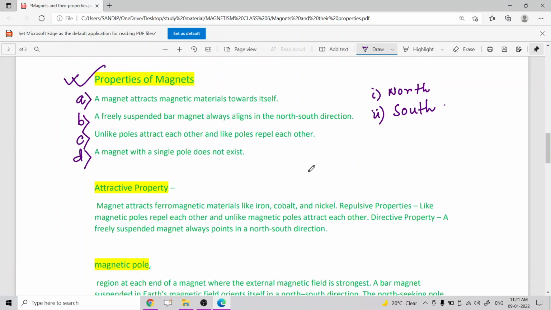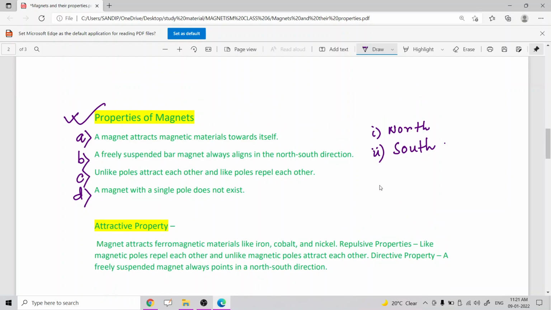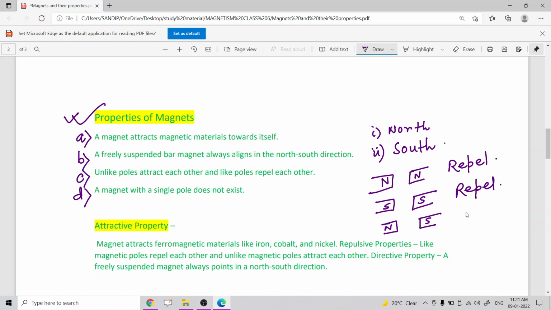Now we have to discuss these properties broadly. If we take a north pole and another north pole, there is a repulsive force. And if we take south and south, there is also a repulsive force, or they repel each other. But if one pole is north and another is south, then they attract each other.